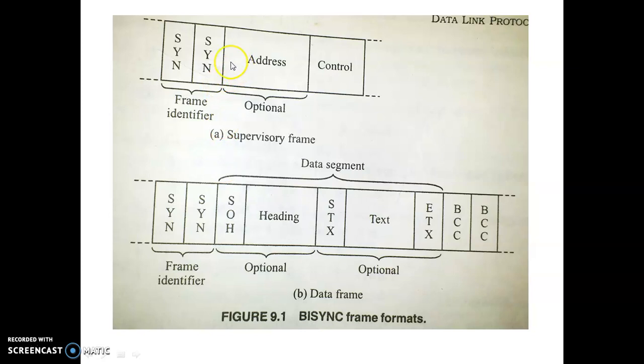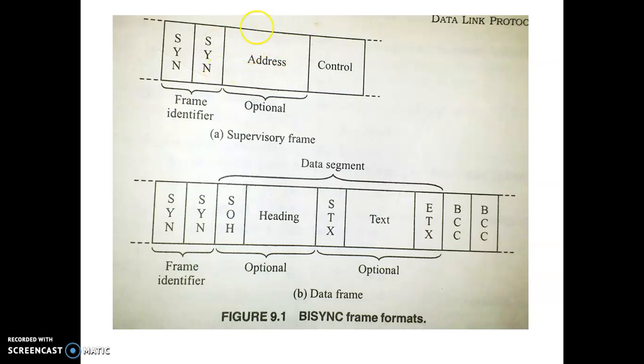This is optional. It is only present in the supervisory frame sent for polling and selecting in a point to multi-point configuration. It is always the address of the tributary station. Now with this address the tributary station can find out whether it has been polled or selected.